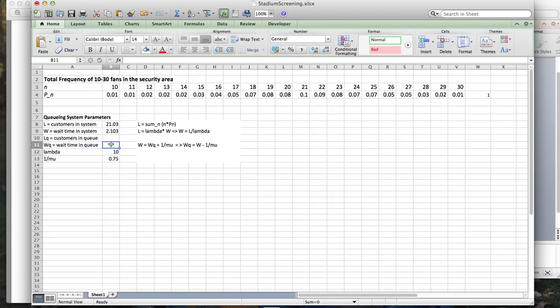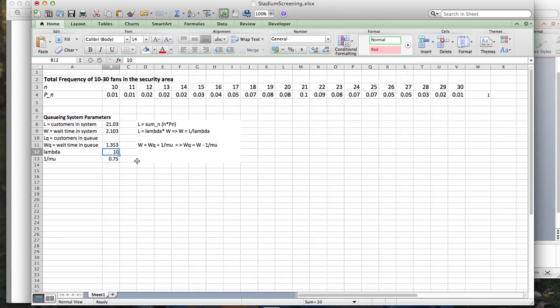So in order to calculate our WQ now, we're going to take W minus the service time. So the average time in the system minus the service time, we basically have 1.35 minutes that each fan on average spends in the line waiting to be screened.